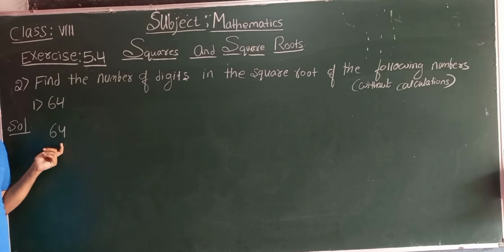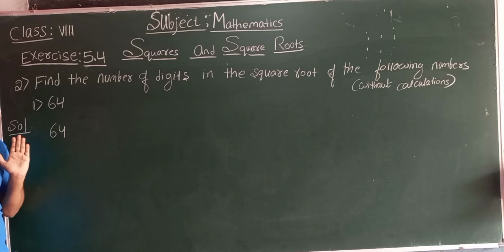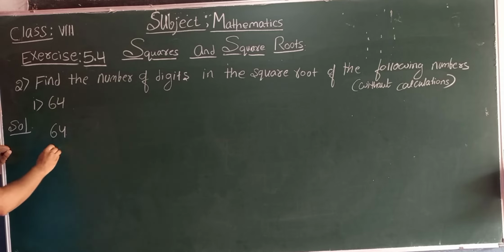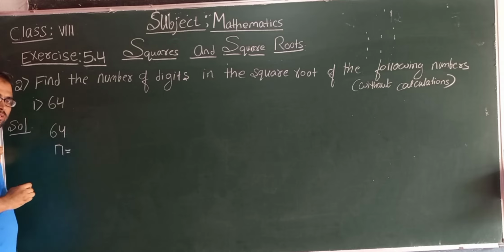So now let us take this one, 64. We need to find the number of digits in the square root of this number. So here n is equal to what? 2. n means number of digits.